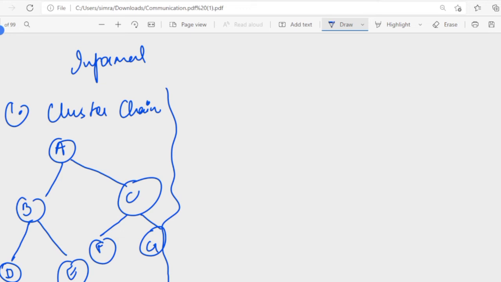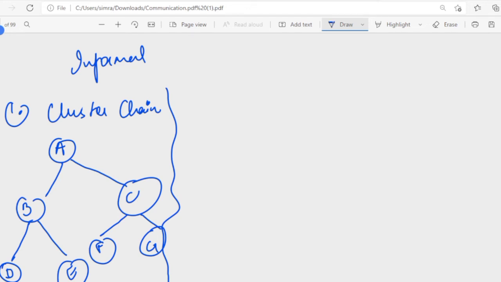So what is this type of communication known as? This is known as cluster chain. When one person starts the gossip, he tells two of his friends, or even one, then that friend tells another friend, a friend's friend, and it goes on. Remember the movie Jai Ho?